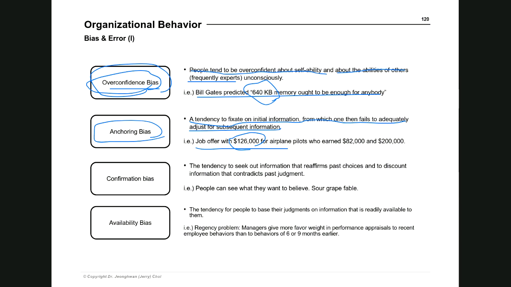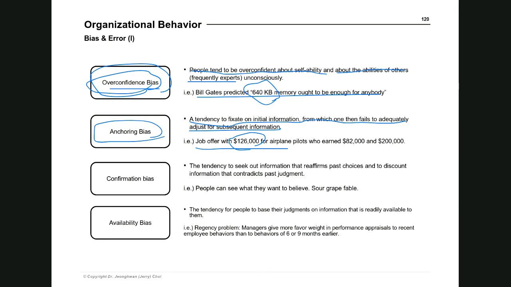Absolutely. Yes. Okay, good. However, let's think about this. What if you are now taking $200,000? Will you take the job of $126,000?